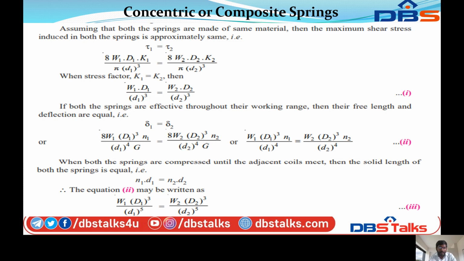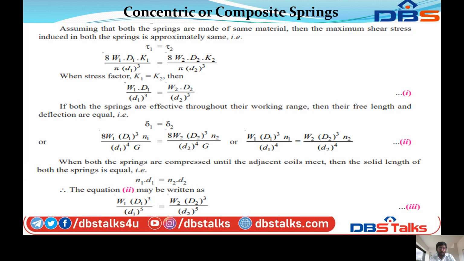That is, delta 1 is equal to delta 2. 8 W1 D1 cube N1 by d1 power 4 G equals 8 W2 D2 cube N2 by d2 power 4 G, or W1 D1 cube N1 by d1 power 4 equals W2 D2 cube N2 by d2 power 4. So we are cancelling the 8 and G.